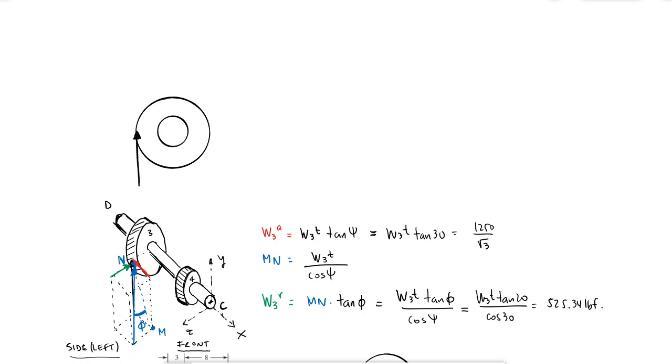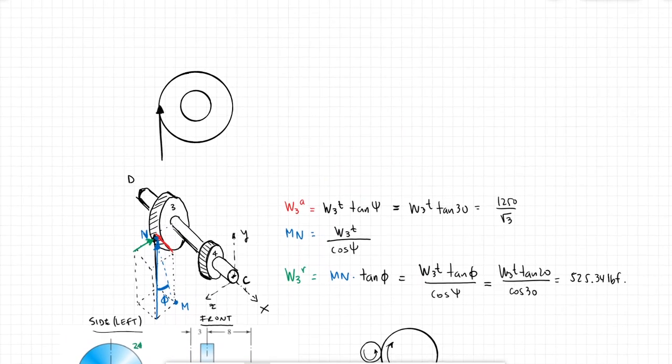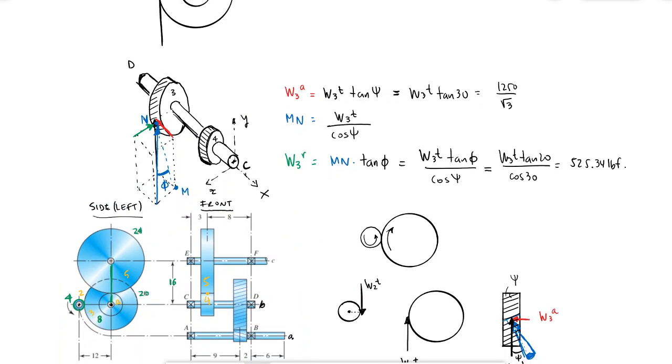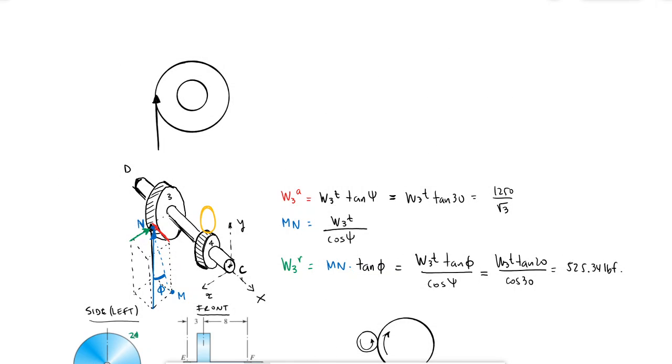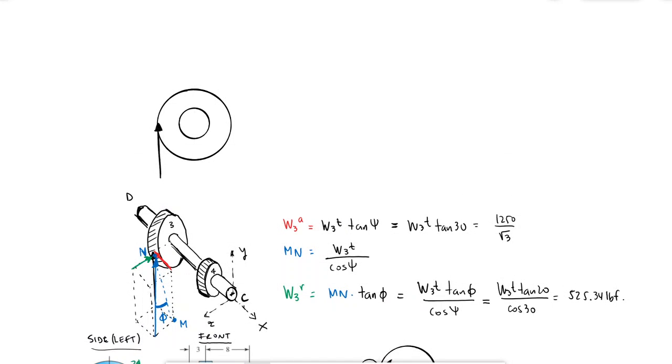Okay, and I know if I look at the 3D or the front and side views, I know that gear 5 is touching gear 4 at the top. Okay, so if I look at this here, then I would see gear 5 touching gear 4. I'm not going to keep it there, but what I'm saying is there's going to be an interaction force at this point, at the top of gear 4. So there's going to be a tangential force there. Okay, tangential force is going to happen here, and it's going to go left.